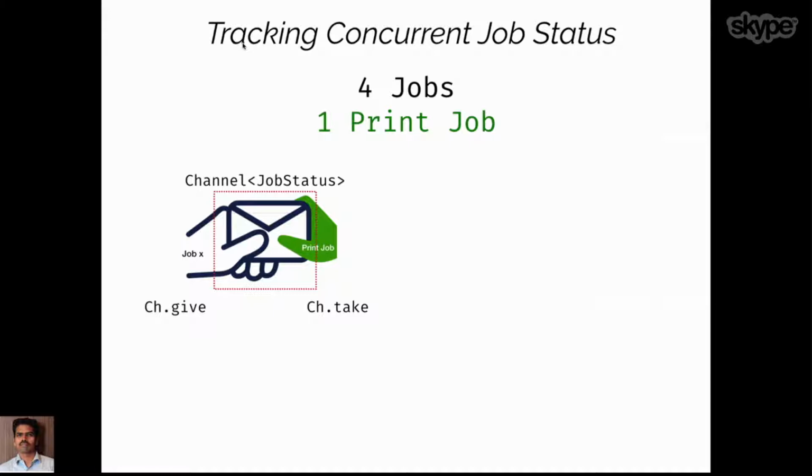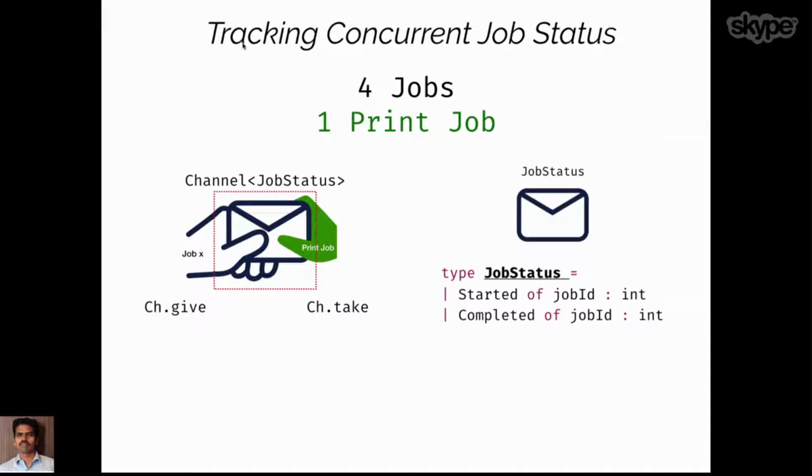The job giving the status comes into the channel and hands over the value, and it is a synchronous communication. The consumer also has to be at the channel to receive the value. For this example we are going to use something called job status, which just communicates the started and completed events of the job ID.